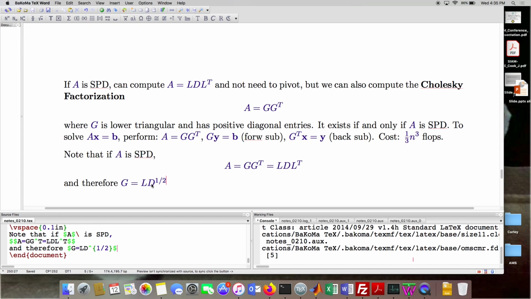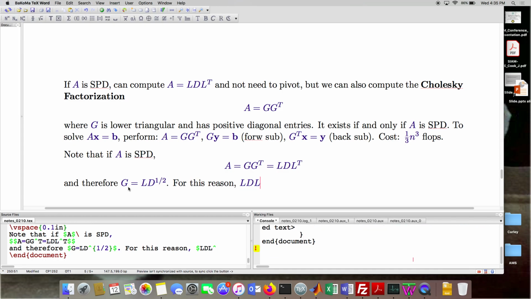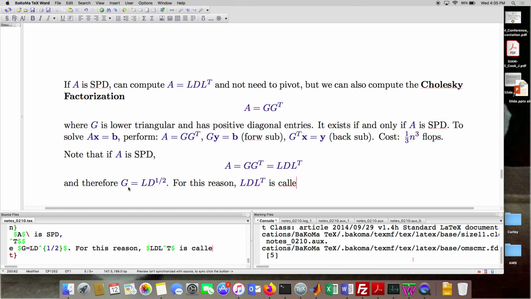It has to be the positive square root. So the two factorizations are very closely related. For this reason, LDL^T is nicknamed square root free Cholesky, because the algorithm for Cholesky factorization does require taking some square roots, whereas LDL^T doesn't.